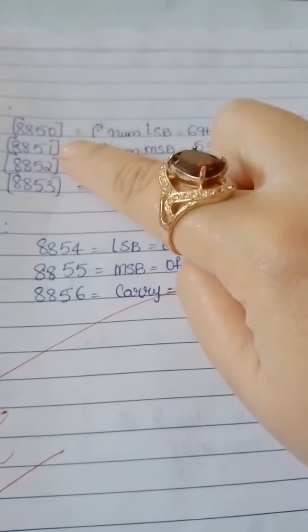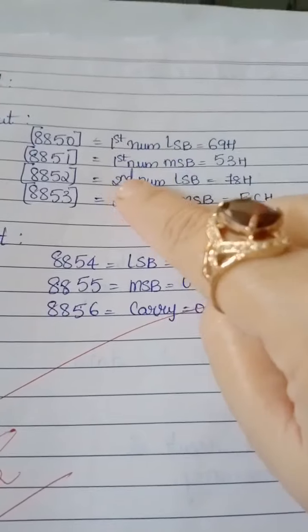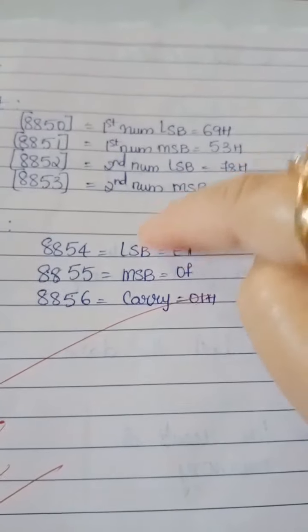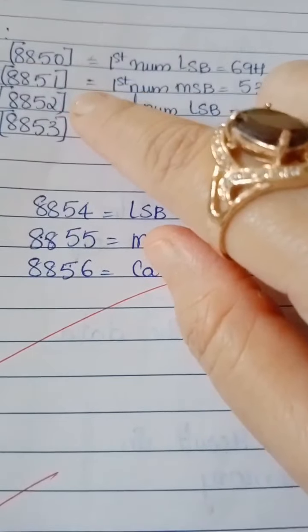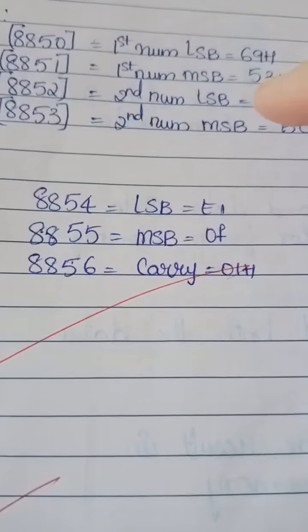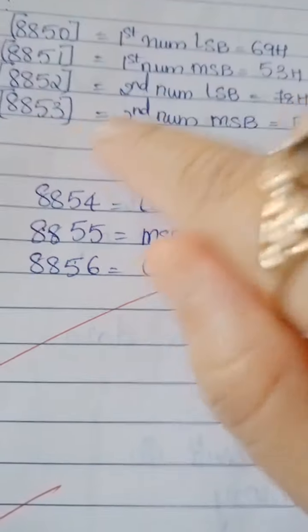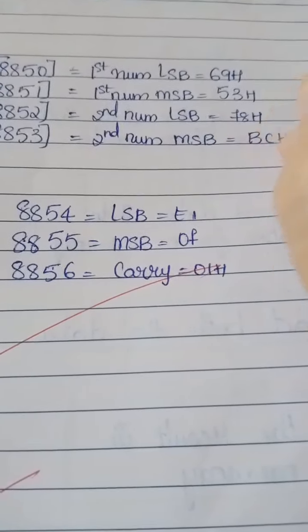Input you will have to give at 8850, 8851, first number LSB, second number LSB. These both will be added and the result will be something here. And after that, first number MSB will be on 51 and second number MSB, most significant byte, will be on 53.